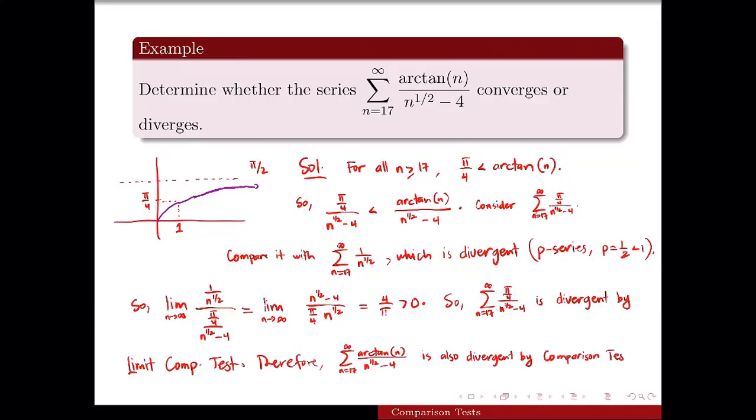Okay? So notice how I used different tests just to prove the convergence or divergence of our original series. You don't have to do this, okay? You can just immediately compare this guy here to this guy and just use limit comparison test.